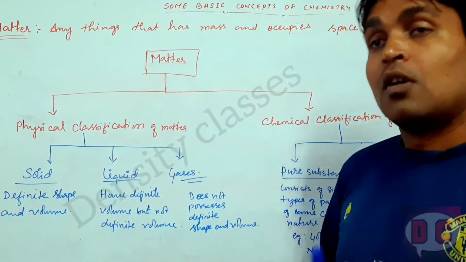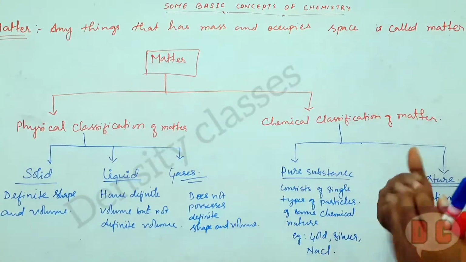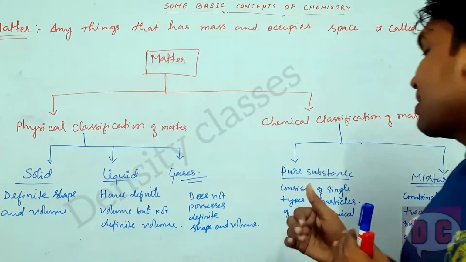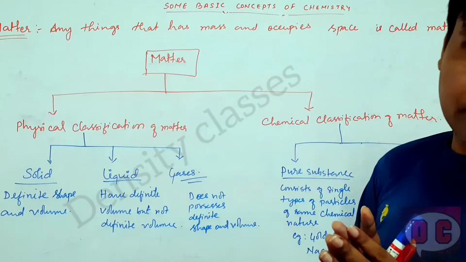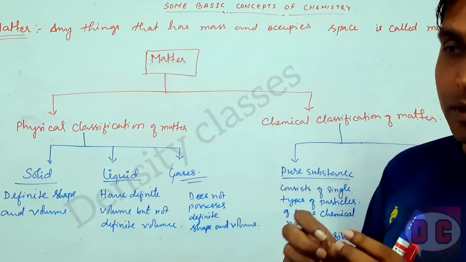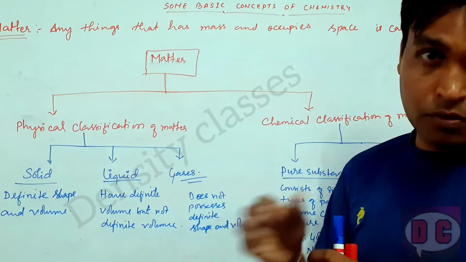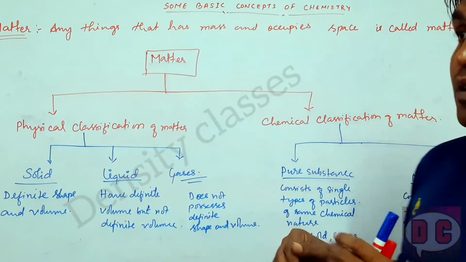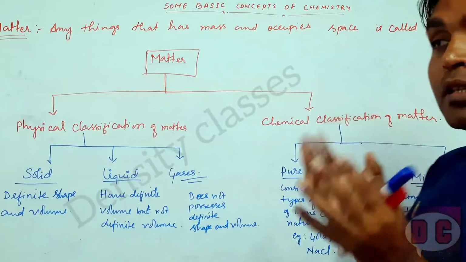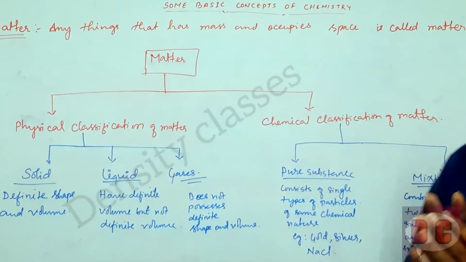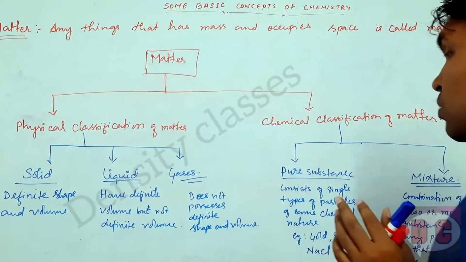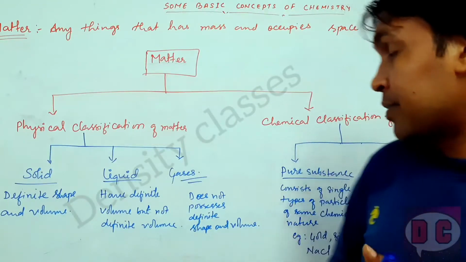Again, I'm telling you, pure substances are those substances which consist of a single type of particles having the same chemical composition, throughout. The chemical composition of those particles will also be the same. So they will be called pure substances. Hope you have understood.